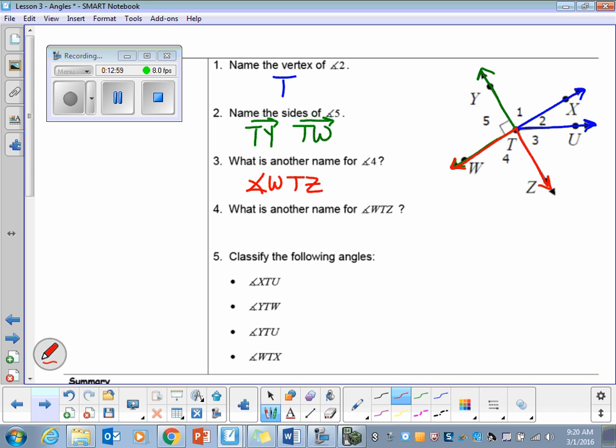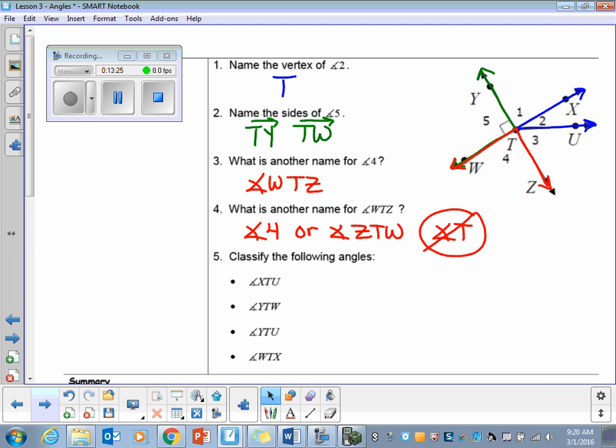Well, they labeled that angle 4, or I could say angle ZTW. What I could not say is angle T, because there's 5 different angles going on there around the vertex T. And if you just say angle T, I have no idea which one you're talking about. So that would be a very bad choice.